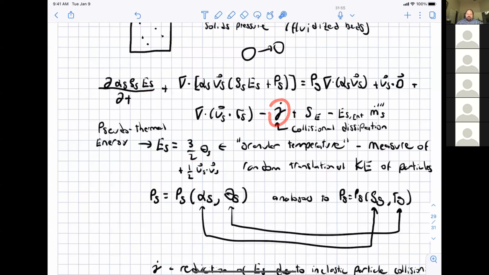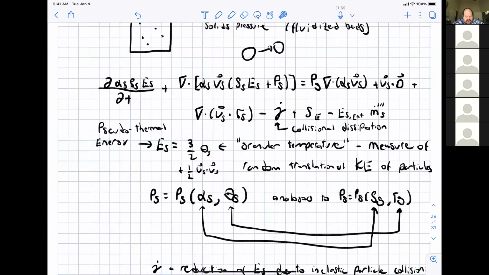This term is not present for a gas. It does not exist for a gas, but it exists for particles. Basically this accounts for the fact that collisions between particles are not fully elastic.